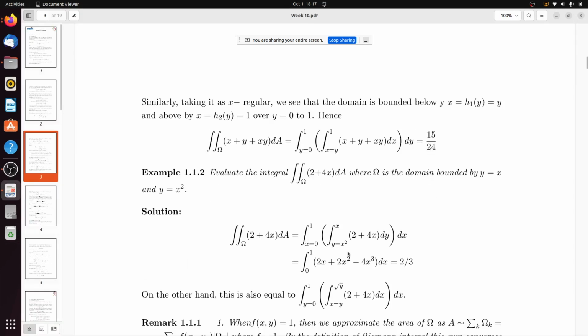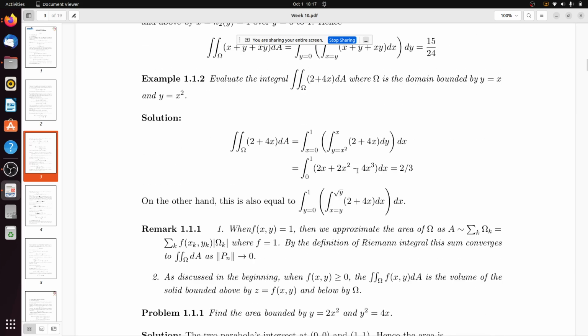So you get the integral of x plus y plus xy dx, with x from y to 1. And similarly if you integrate, you will get 15 by 24, which is the actual answer.